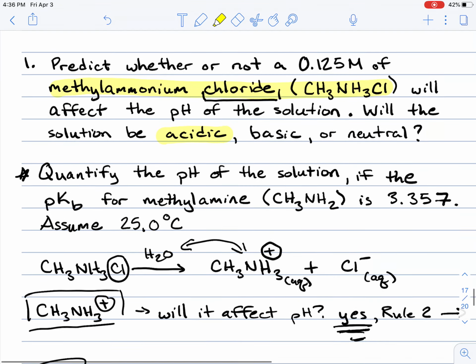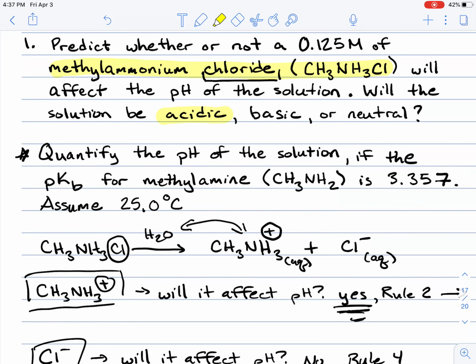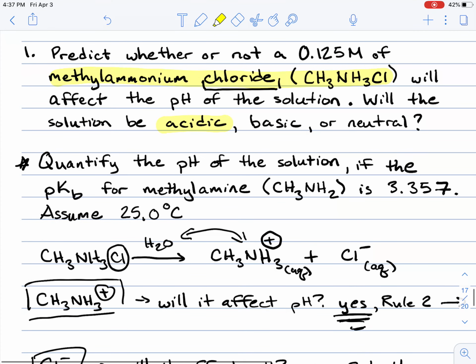Cool. Now let's answer the second question. We're going to quantify the pH of the solution if the pKb for methylamine is 3.357, and we're going to assume that this takes place at 25 degrees Celsius. Since we want to quantify the pH of the solution, what we want to determine is the concentration of H+ at equilibrium.